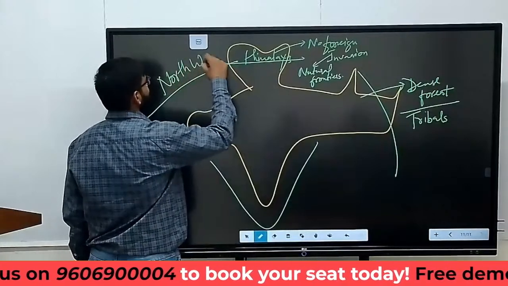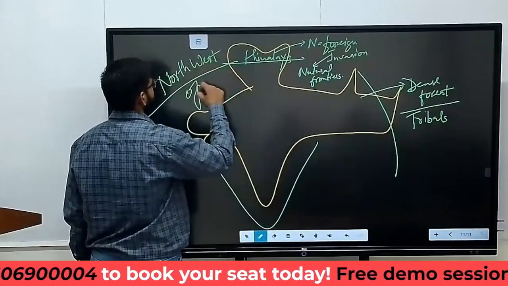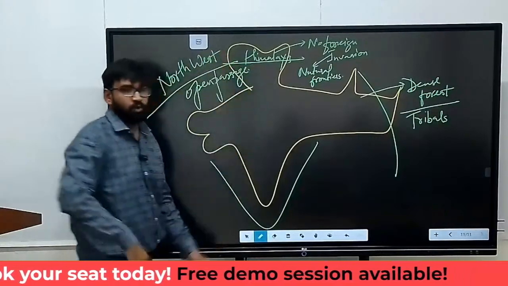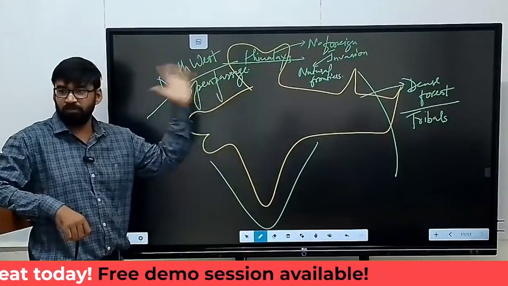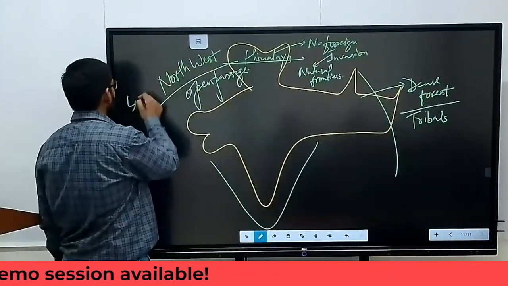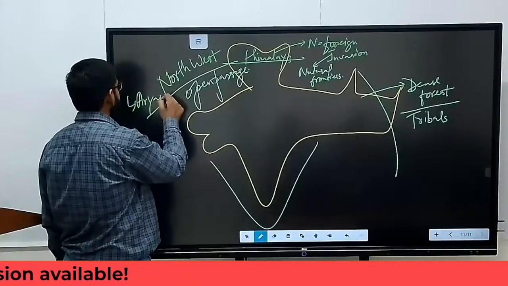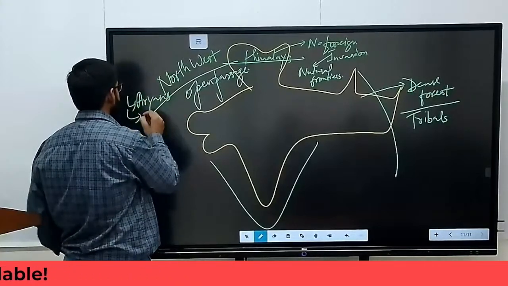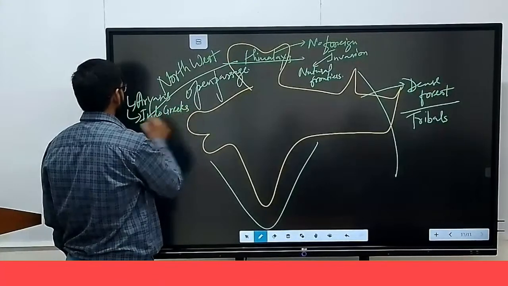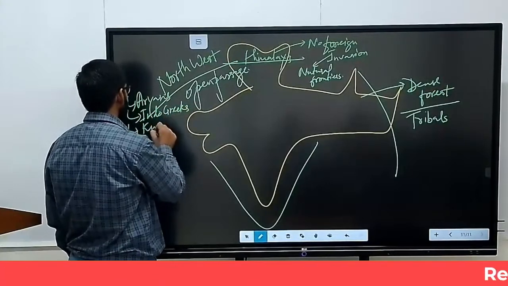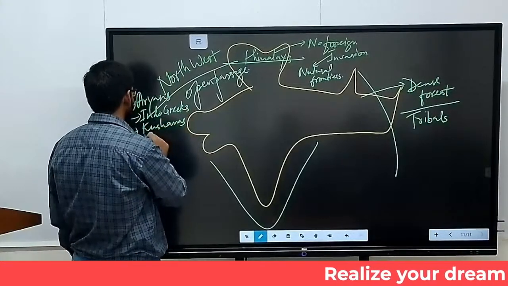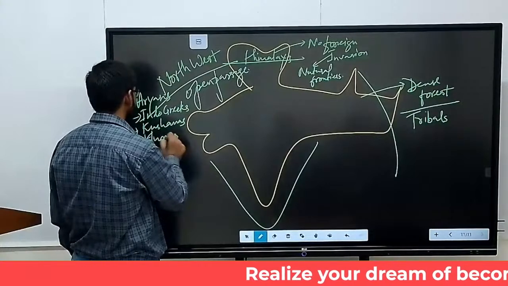Northwest, open passage. That is why since ancient times, foreign invasion has always come from this side. Clear? So first of all, Aryans came from this side. Then Indo-Greeks. Then Kushans. During the time period of Guptas, Huns came.